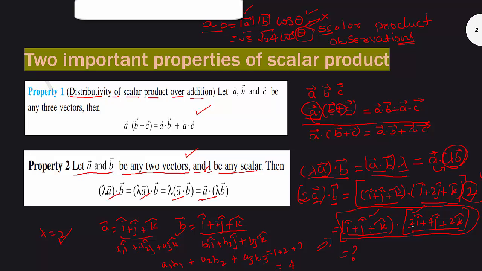See, b1 is 2, b2 is 4, b3 is 2. So 2 into 1 is 2, 4 into 1 is 4, 2 into 1 is 2. Therefore this term gives you 8, because here 2 is multiplied for this particular term. That's why it becomes 8. Here if we take directly, this becomes 4.